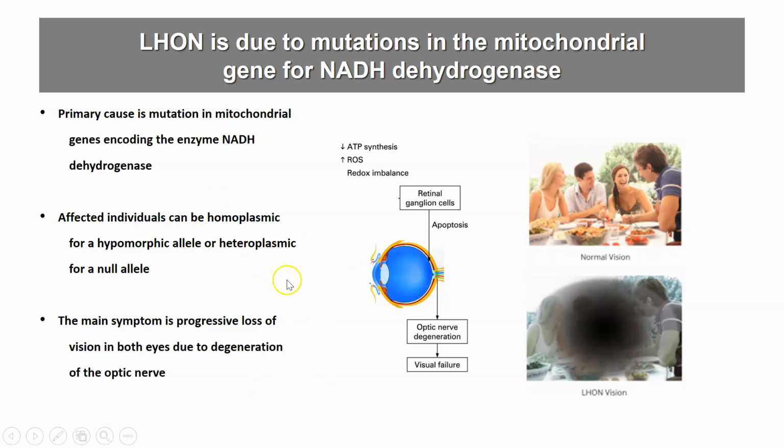What happens in Leber's hereditary optic neuropathy is that the optic nerve degenerates. Nervous tissue is extremely sensitive to deprivation of ATP, and the optic nerve is probably the most sensitive. On the right side, it shows how the disease progresses. Somebody with Leber's has progressive loss of vision.